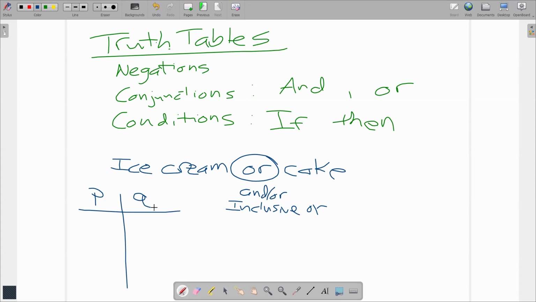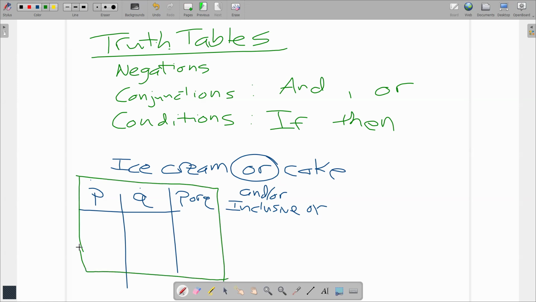Could be being a prime number. Any simple thing or simple statement. And what we want to do is, based on the truth of P and Q, what might be true for P or Q? We're going to make a truth table for that right now.